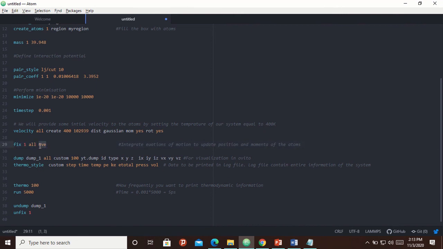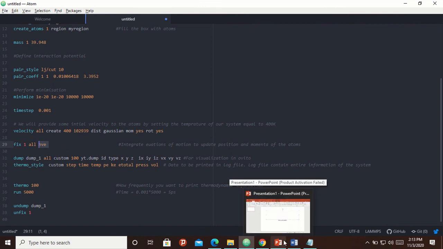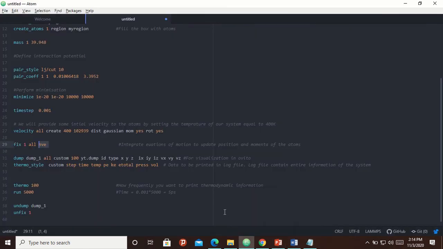NVE is mostly used to make the system reach equilibrium. That's why the temperature has been reduced with the time evolution. But that is not the point here.